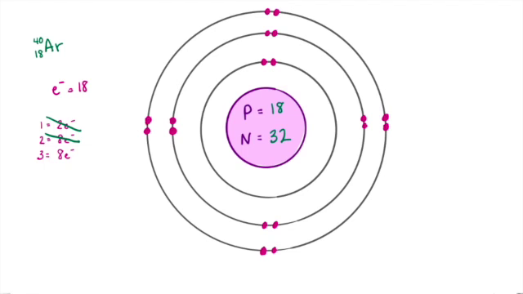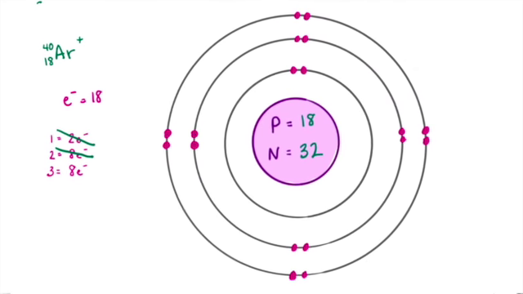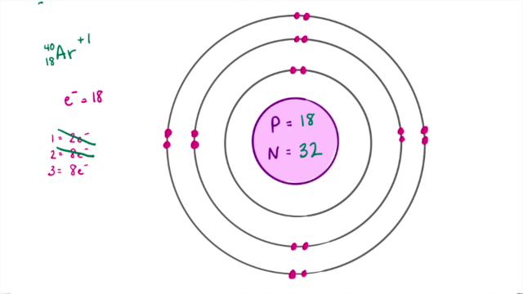Okay? So that is the basics of how to do the Bohr model. If this was, so let's say that this was argon, which this wouldn't happen in nature, but let's say we had an argon whose charge was plus 1.